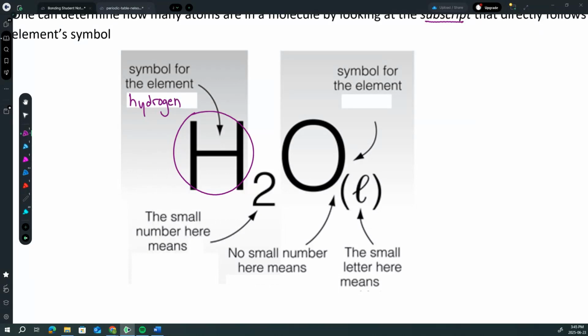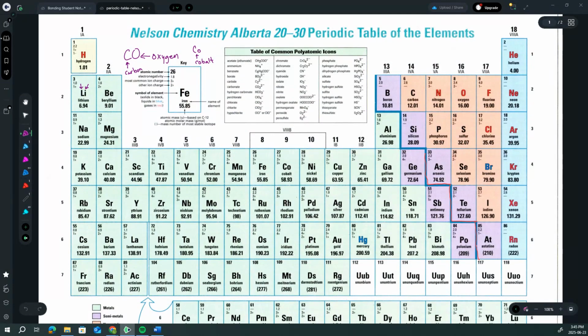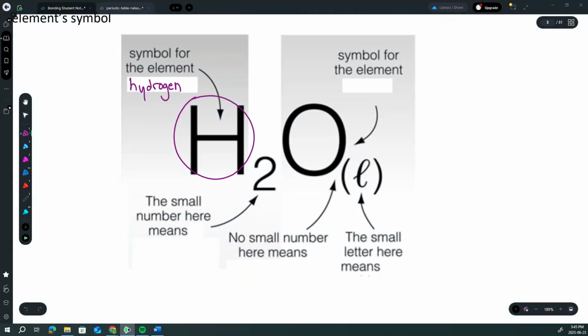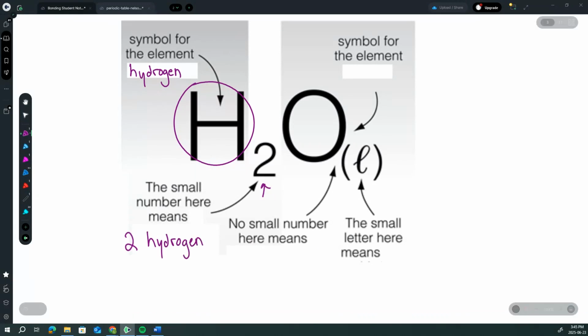Now if you don't have that memorized, that's fine. You can always look at your periodic table, find the symbol, and get the name from your periodic table. Now for hydrogen, notice that a small subscript 2 follows it. So that means that there are 2 hydrogen atoms in this compound.